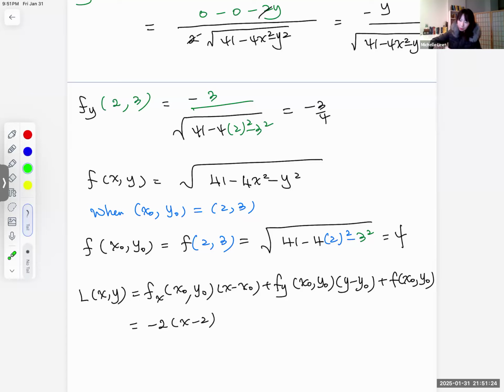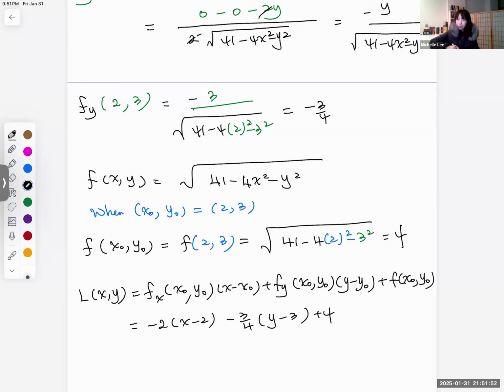And the partial derivative with respect to y is negative 3 over 4, times y minus 3. We evaluate at x naught, y naught, so we get 4.